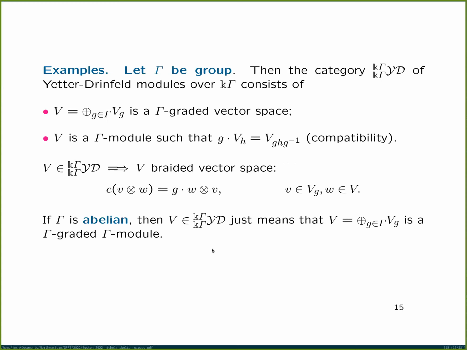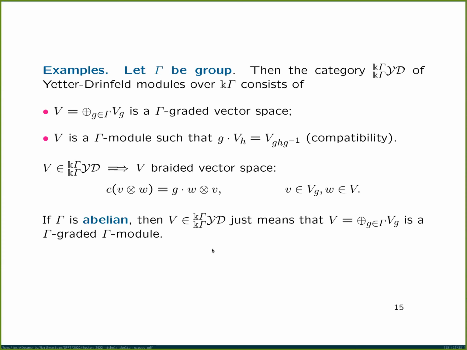First of all, if gamma is a group, I take the category of Yetter-Drinfeld modules of a group algebra K gamma, and an object in this category is a gamma-graded vector space, so V has a decomposition as a direct sum over g in gamma of V_g, and V is a gamma-module as usual, and the compatibility says that the action of g on the elements homogeneous of degree h gives the elements homogeneous of degree g h g^-1. So this relation boils down in this case to this equality.